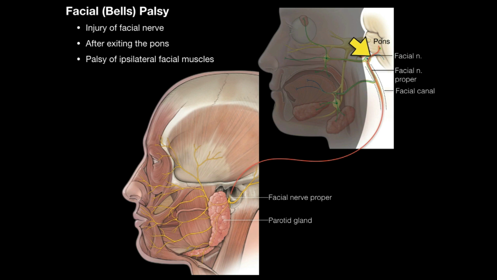That may occur with something like an acoustic neuroma, or as the facial nerve proper descends through the facial canal, which would be something like inflammation in there. It could also include mumps or a tumor in the parotid gland compressing the facial nerve, or just branches of the facial nerve going into the face, like what happened with Sylvester Stallone with forceps during his delivery when he was a wee baby, that gives him that characteristic smile.